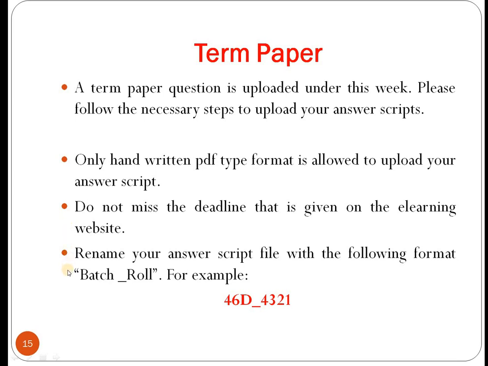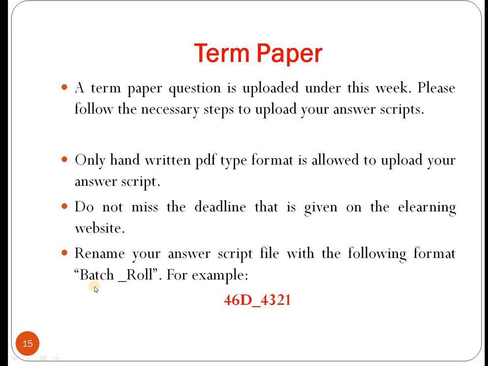Another important thing: when you upload the file, that PDF file should contain your name. That means you need to rename the file in the following format: batch underscore roll. Batch means your batch, and roll means your roll number.